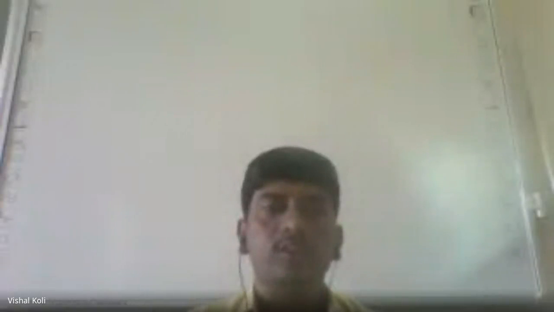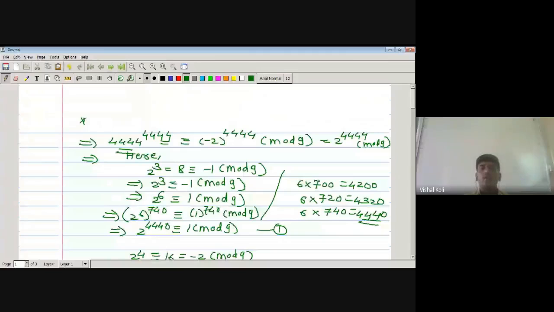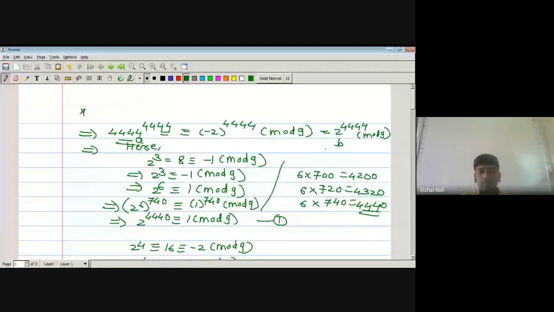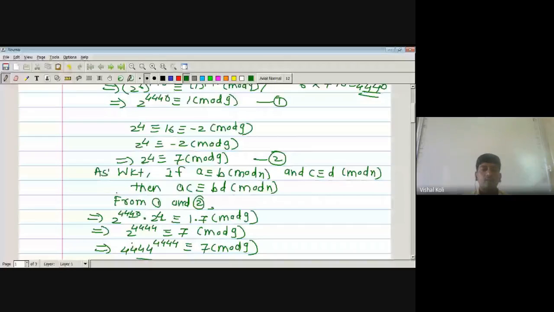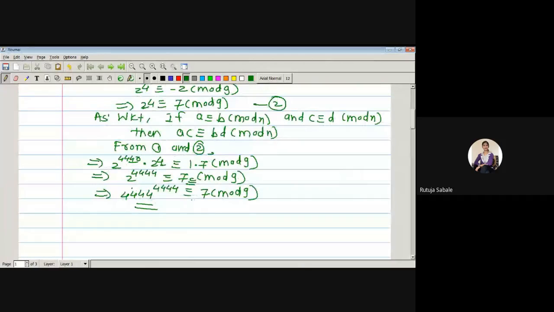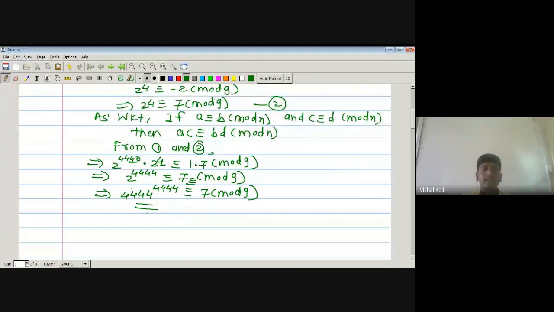If A is congruent to B modulo n and B is congruent to C modulo n, then A is congruent to C modulo n. True, right? Yes, sir. Okay, then what should be the remainder? 7. Which implies 7 is the remainder.